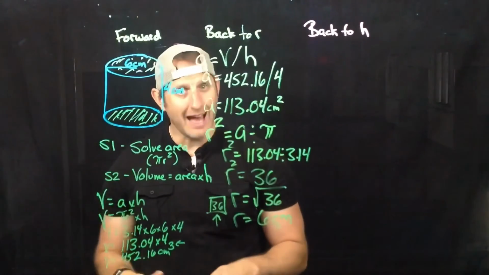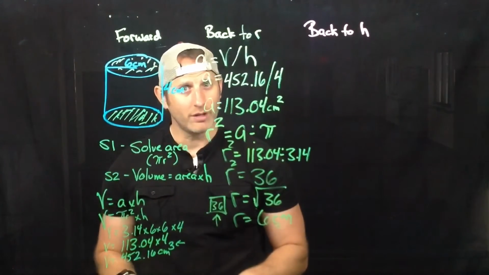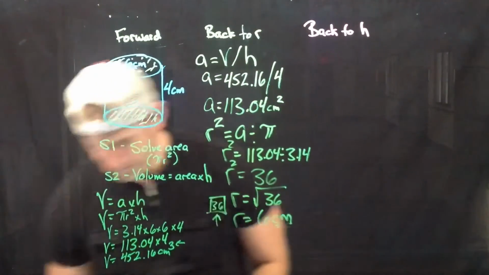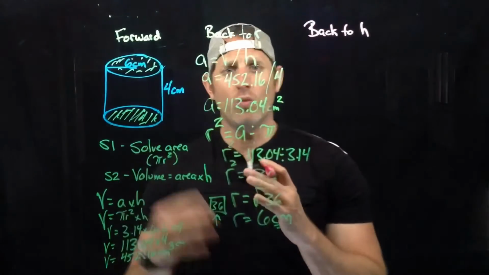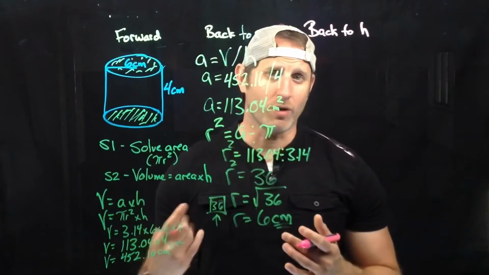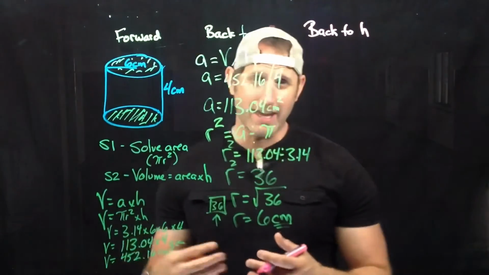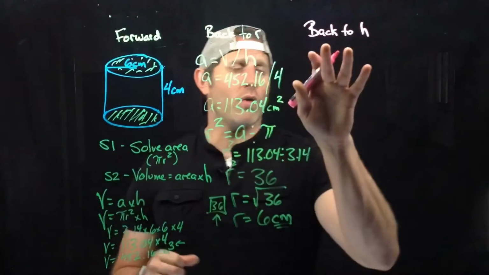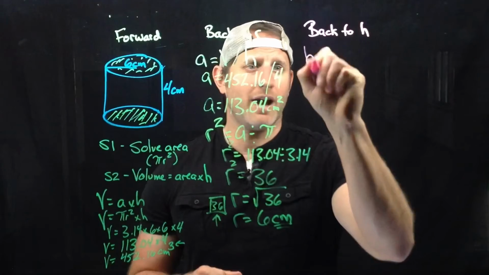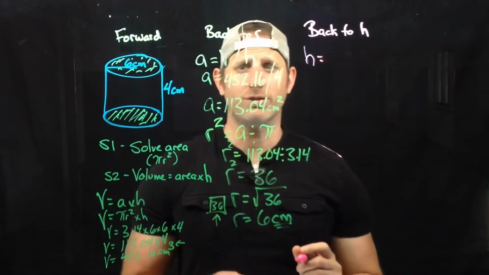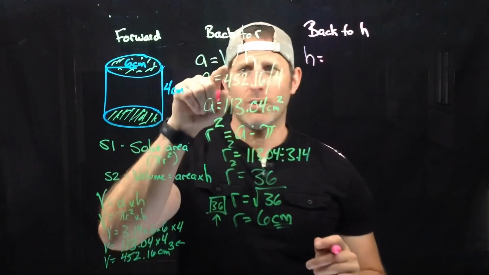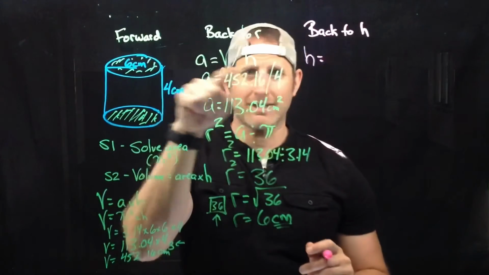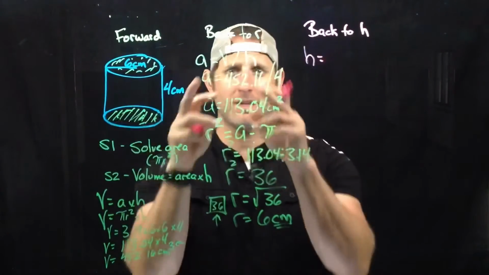Whew! Now, let's work backward to find height. Little less that we need from this, but you will need to know area in order for this to work. So if your shape does not have the area solved, you've got to figure it out. Here we go. So if we are looking to determine height, you'll notice we had area, volume, height. Well, we've got to do the exact same thing. We're going to swap around some of these letters here.